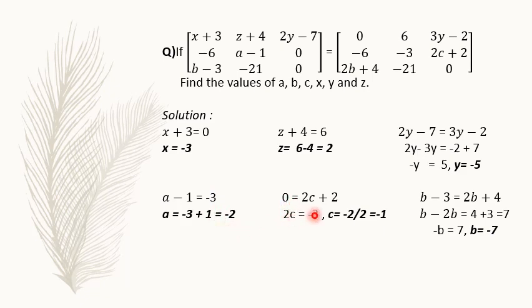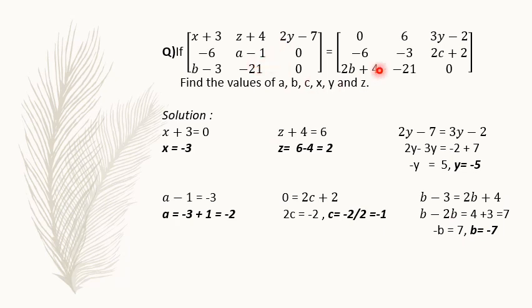Also c becomes minus 1 from this equation. Here in the last row, b minus 3 equal to 2b plus 4. So from that we can take all b's to the LHS. Then b becomes minus 7.